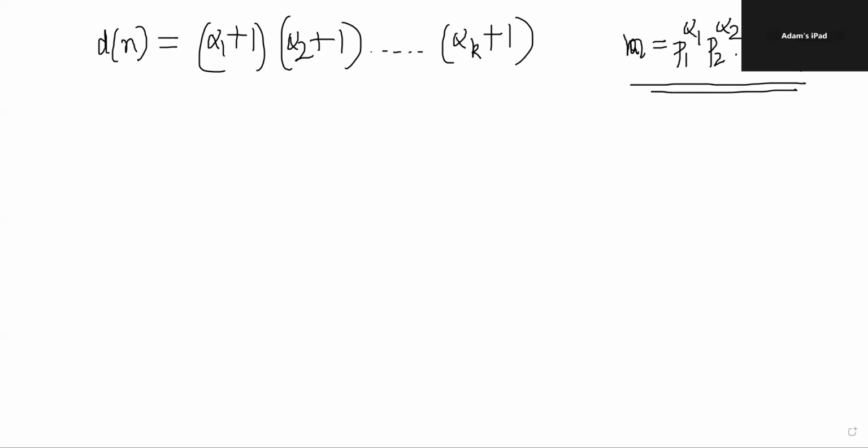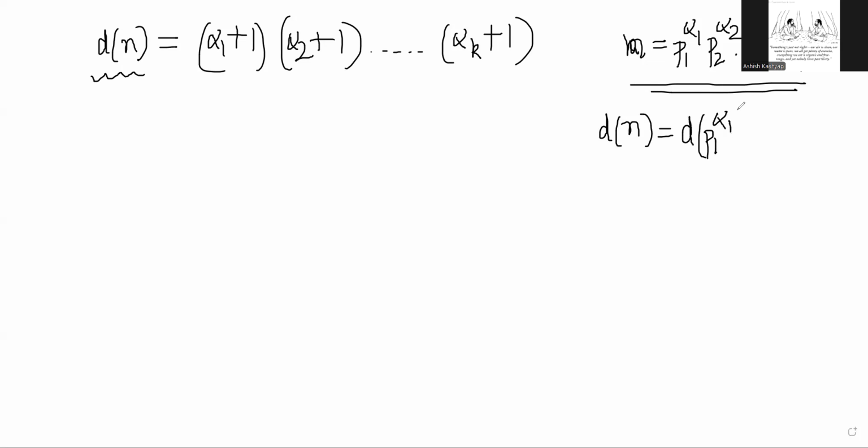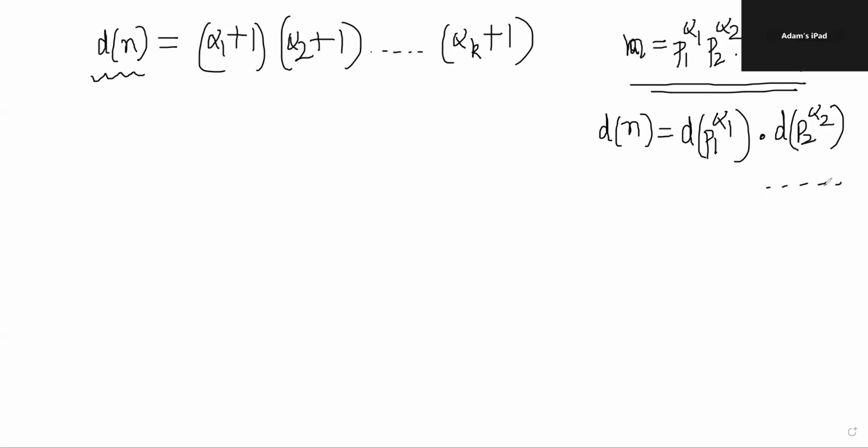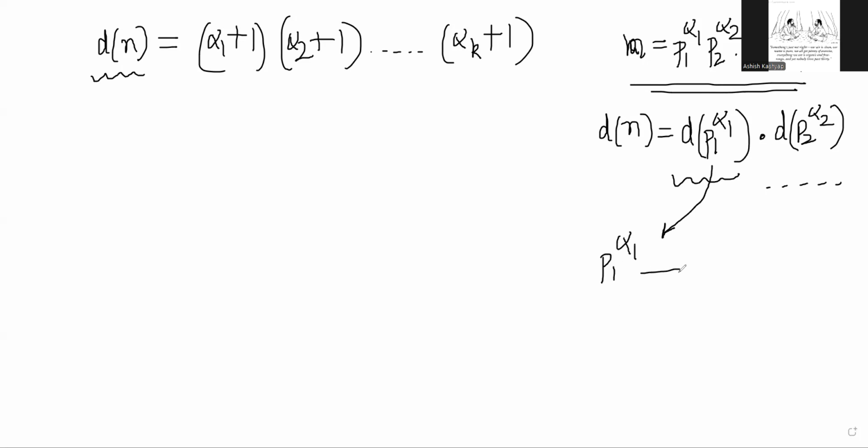This is the prime factorization of a number, and d of n comes out to be this. Because when you do d of n here, you will have to do d of p1 to the power alpha 1 into d of p2 to the power alpha 2 and so on, right? And you can try to count what are the divisors of p1 to the power alpha 1. Obviously you will start with 1 and then p1, p1 squared, till p1 to the power alpha 1, right?